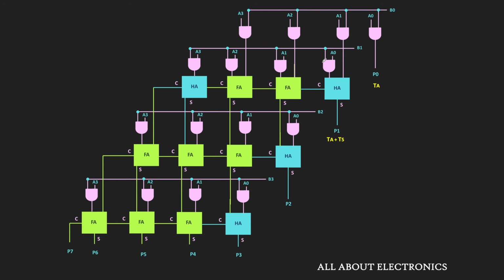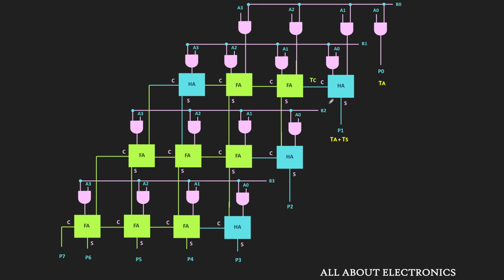Here, the outputs of these two AND gates are available after the delay of TA. Therefore, P1 will be available after TA plus TS. And similarly, the carry output of this half adder will be available after TA plus TC delay. But here, because of the space constraint, only TC is shown.